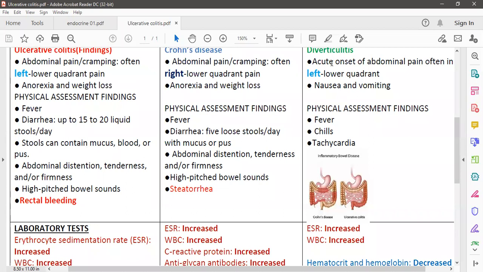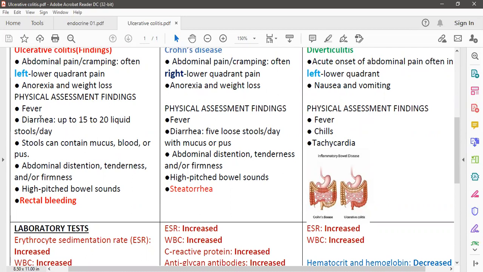In case of diverticulitis, physical assessment findings: when you examine your patient, you can see body temperature increase, fever. So ulcerative colitis, Crohn disease, and diverticulitis have common problems: abdominal pain, anorexia, weight loss, and fever.